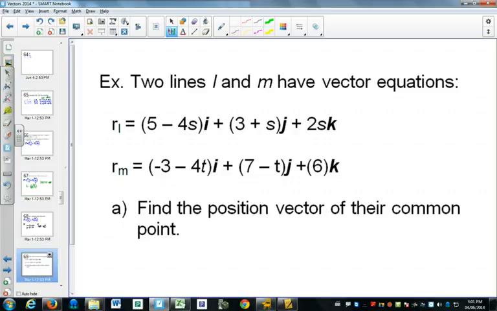Okay. We have two lines, L and M, and we have the vector equations written this way. How do they look that way? Yucky. Okay, so what I would probably do is rewrite these.